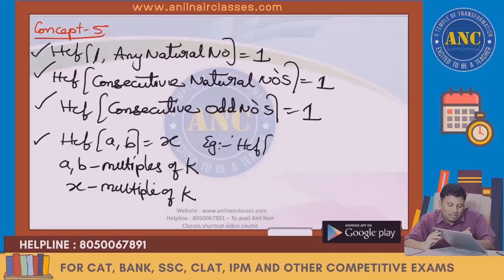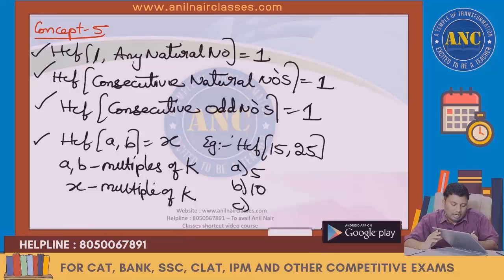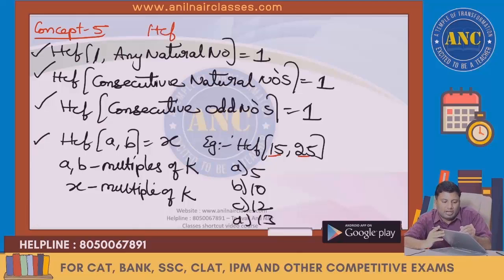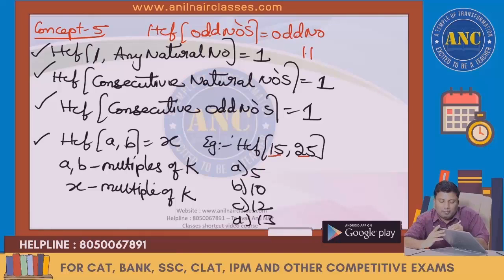See here, HCF of 15, 25 and 5, 10, 12, 13. Now listen carefully. Another important point: HCF of odd numbers is always an odd number.